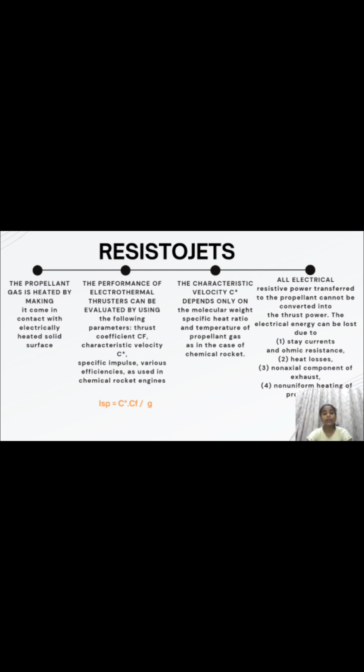Now, the second point of this slide tells us that when we want to see how well electrothermal rocket engines work, we use certain measures like the thermal coefficient. This tells us how effective the engine is at producing thrust, or forward push. Characteristic velocity, which we can denote as C star, is a measure of how fast the gas is expelled from the engine, an important factor in propulsion. The third is specific impulse, also a major important factor.